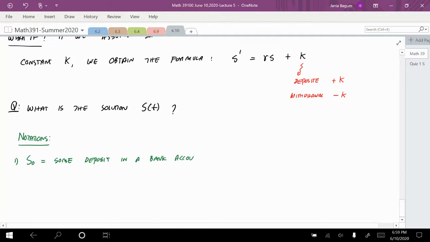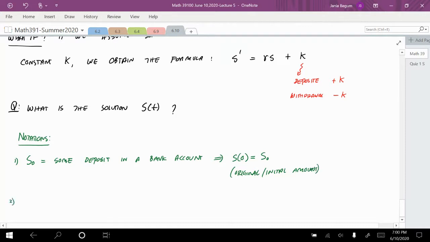If you're making savings, then that's what S naught will represent. Or think of S naught as an initial amount, the initial condition. So it will be the original amount. That's what S naught will represent.